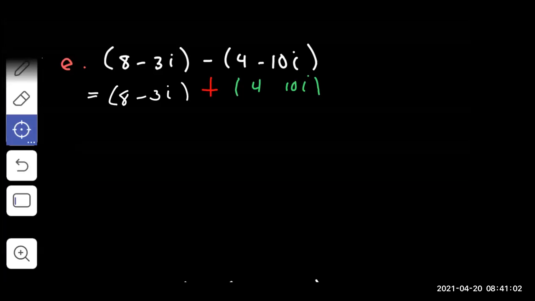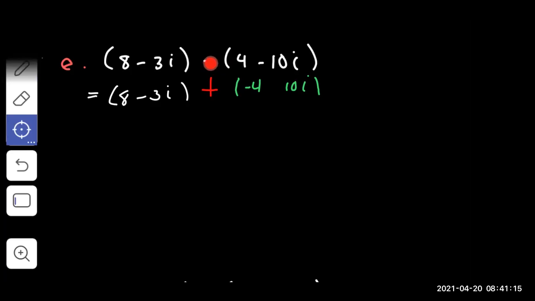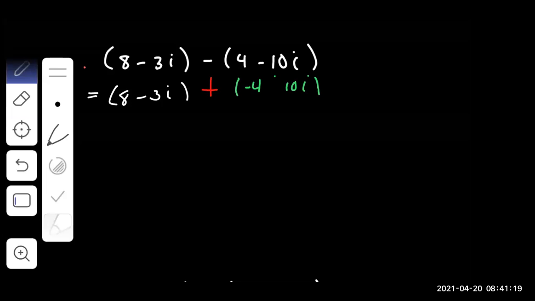If you use the distributive property, negative times this positive is what? Negative. Negative times negative here is positive.